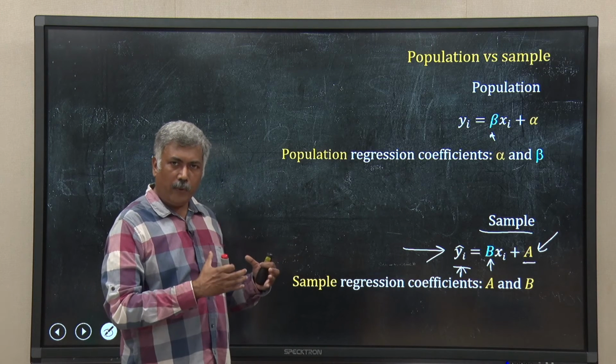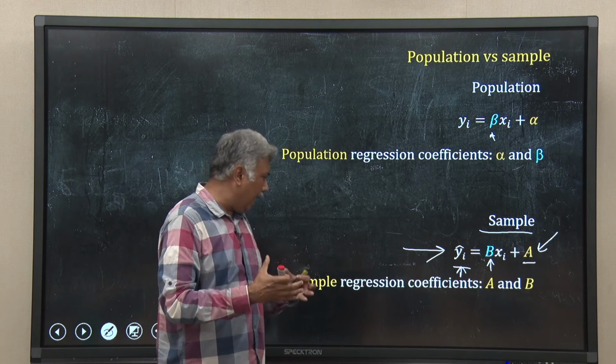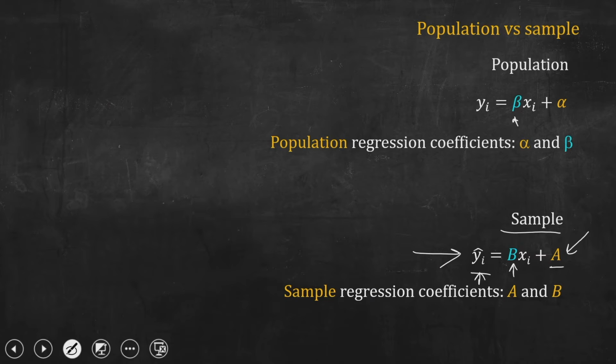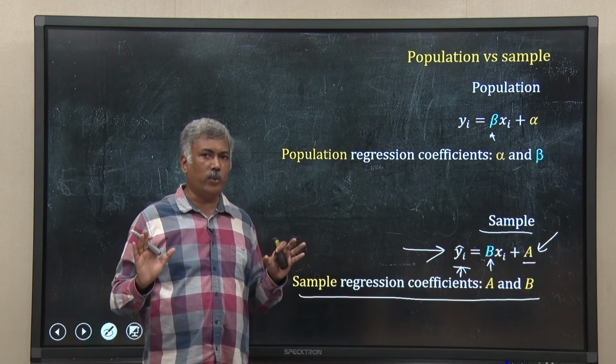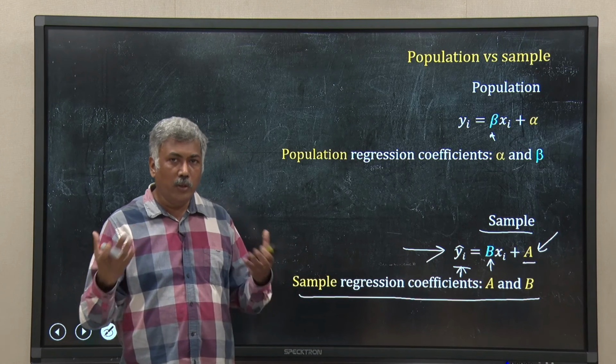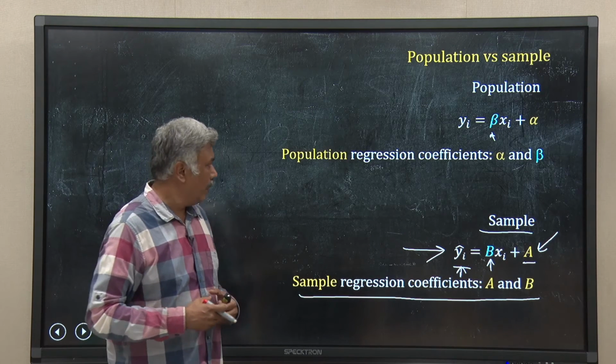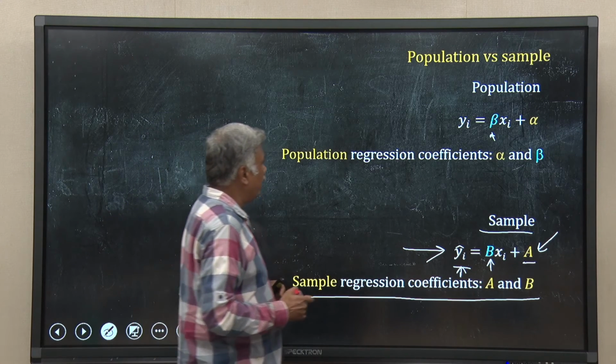I have 5 data points, that is a sample, I have fitted this equation and I have got b and a. So, this b and a are sample regression coefficients. They are not the real population level regression coefficients, because I have not seen the population, and I do not know whether there are such values for a and b at all. What will be the population level?